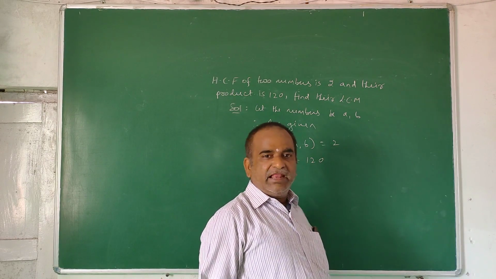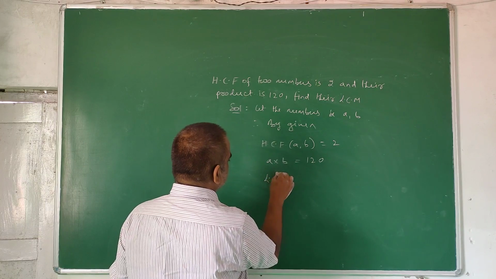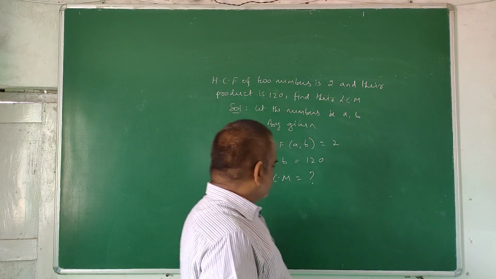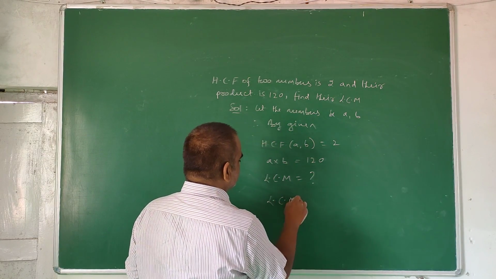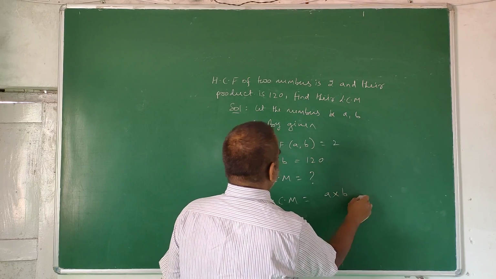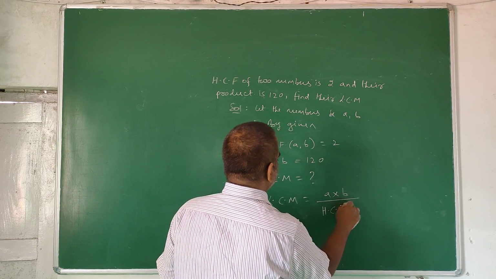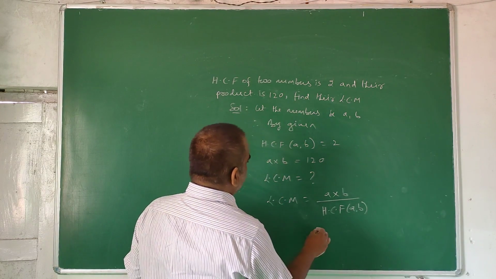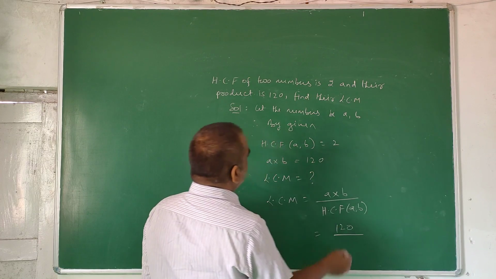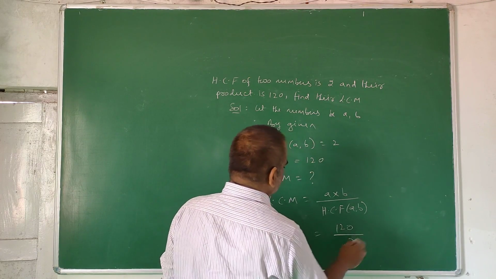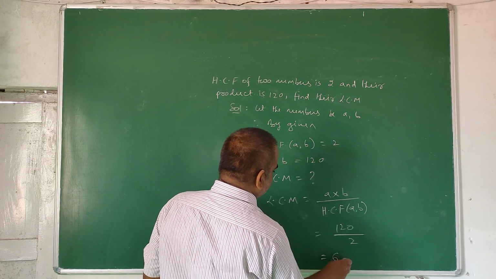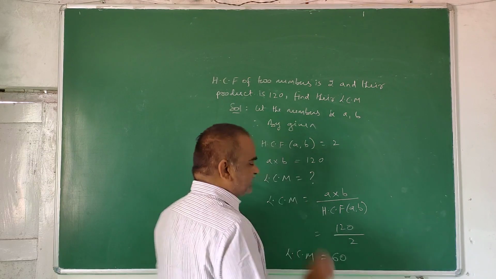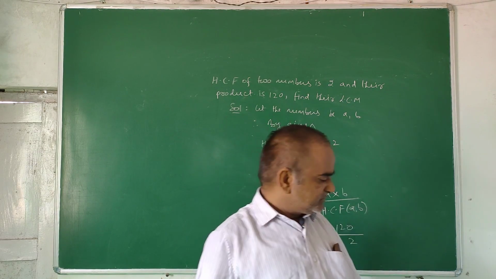Now we need to find LCM. As we have discussed earlier, LCM is A into B by HCF of A, B. So A into B is 120 by HCF of A, B, which is given as 2. So it is 60 after cancelling. So the required LCM of the two numbers is 60. This is the answer. Understood?